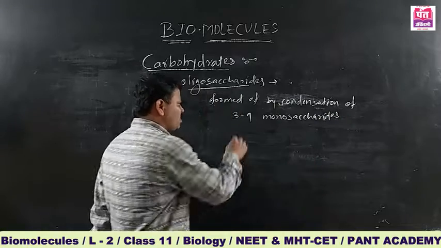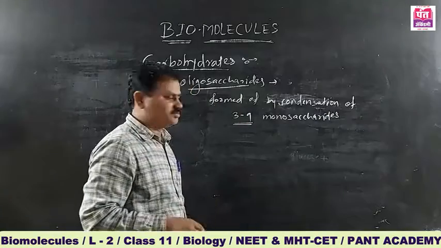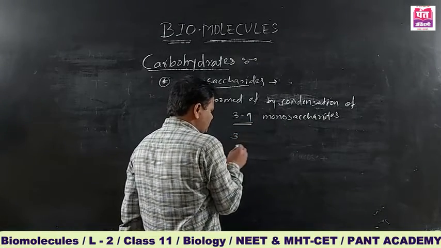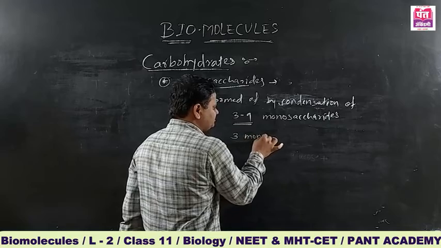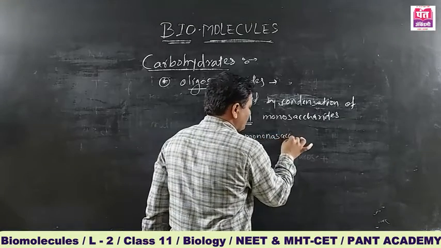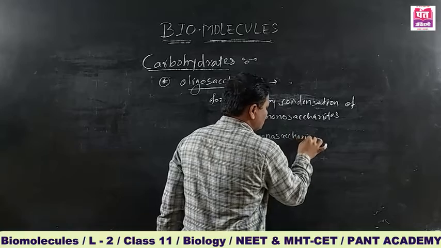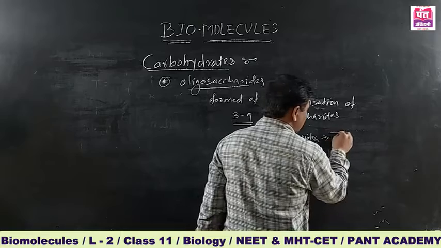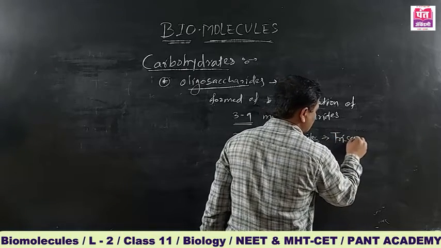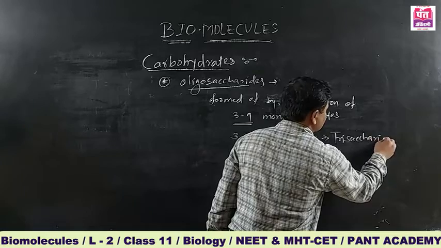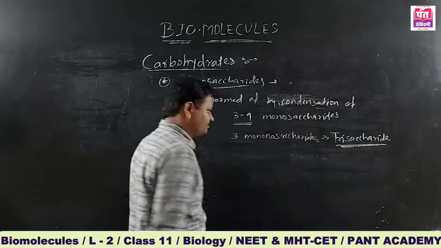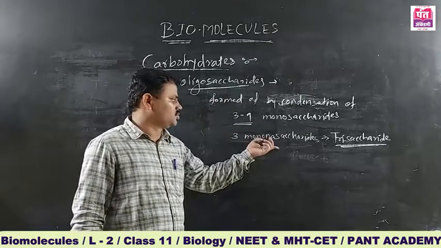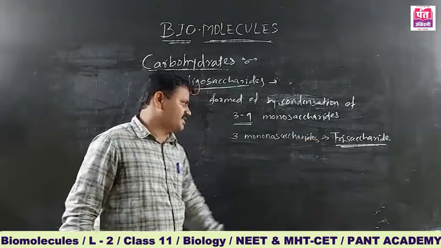It contains about 3 to 9 different monosaccharides. If it contains 3 monosaccharides, then it is a trisaccharide. If oligosaccharide contains 3 monosaccharides, then it is a trisaccharide.